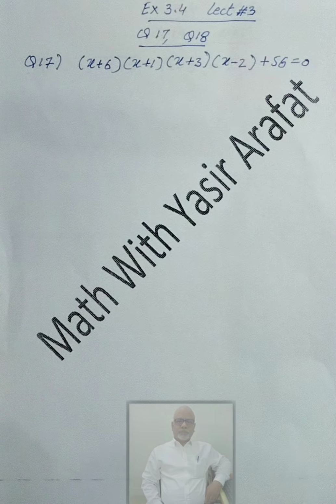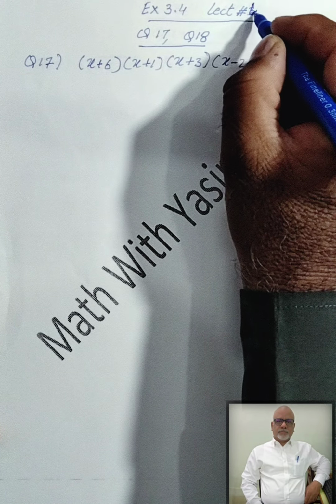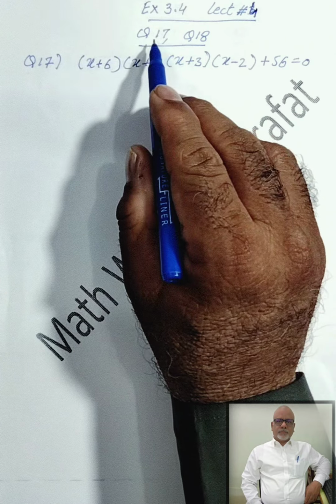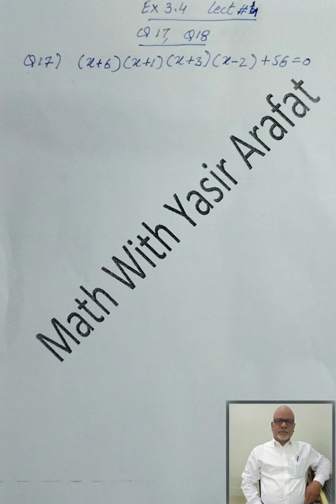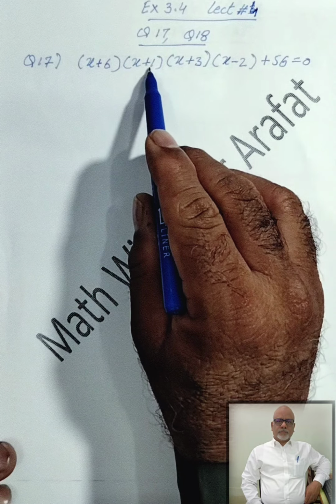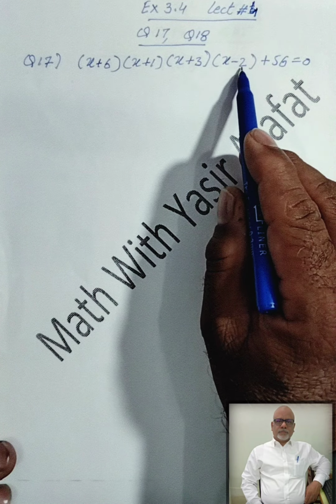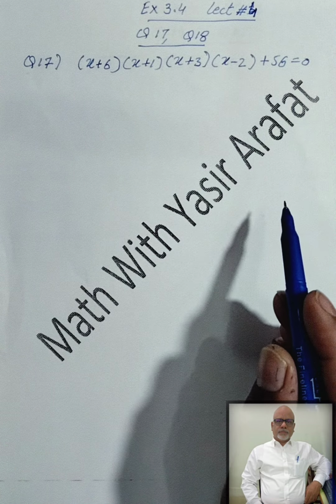Again, we have a lecture on exercise 3.4 and we are going to discuss questions number 17 and 18. We have the same case in both. Here we have (x+6)(x+1)(x+3)(x-2) + 56 = 0.